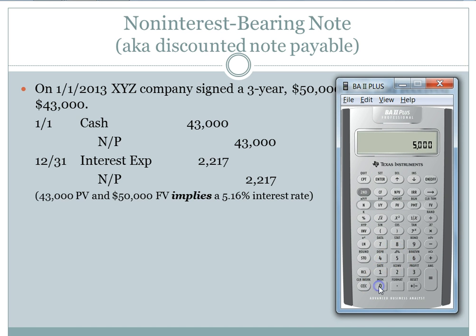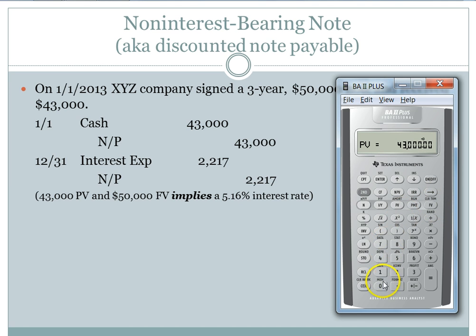We have $50,000 of cash that will go out in the future, so I put that in as a negative. I have $43,000 of cash coming in, that's the present value today. There is no periodic payment, so I just leave that alone. The present value is a positive $43,000, and the future value, or face value of the note, is a negative $50,000.